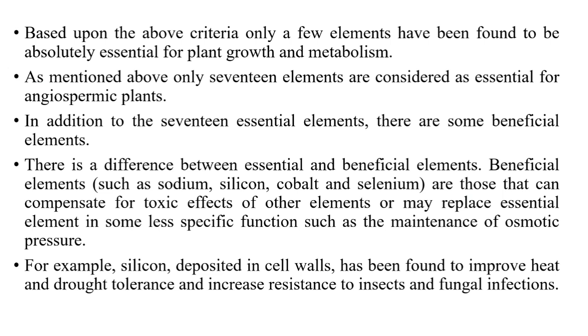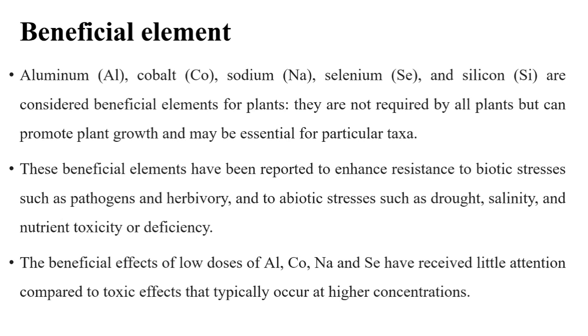And what is a beneficial element? These are the elements which can compensate the toxic effect of other elements and may replace essential elements in some less specific functions, such as maintenance of osmotic pressure. So basically these are aluminium, cobalt, sodium, selenium, silicon.